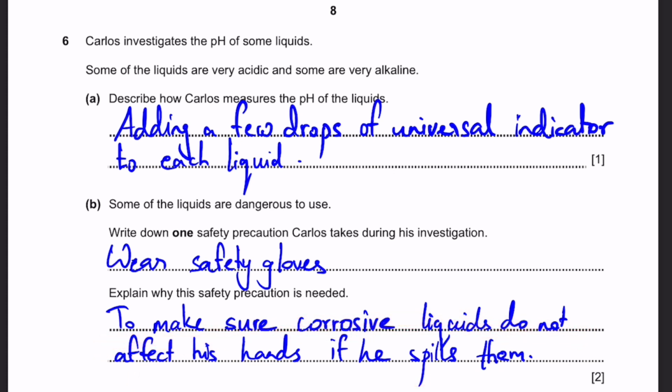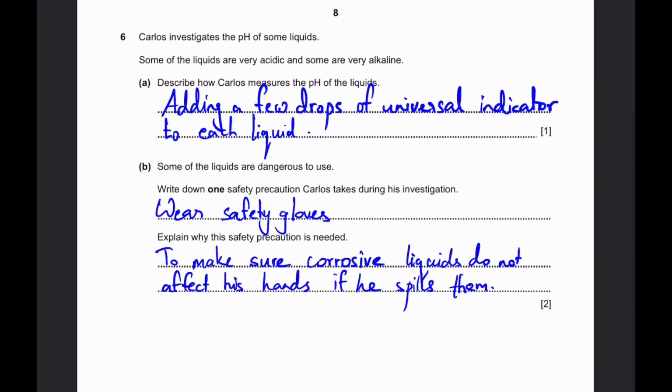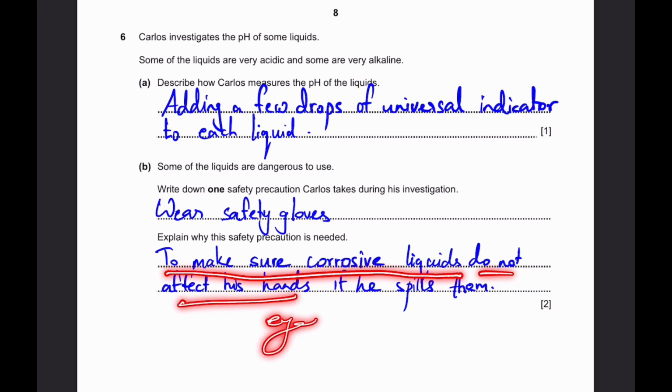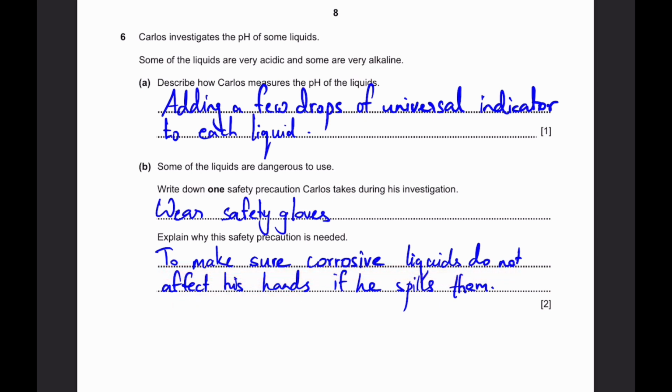If you wrote safety glasses, you have to change the reason a bit: to make sure corrosive or irritant liquids do not affect his eyes if liquid splashes. That's the reason for using safety glasses. And that's the answer.